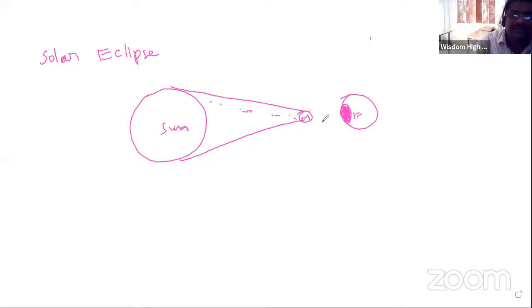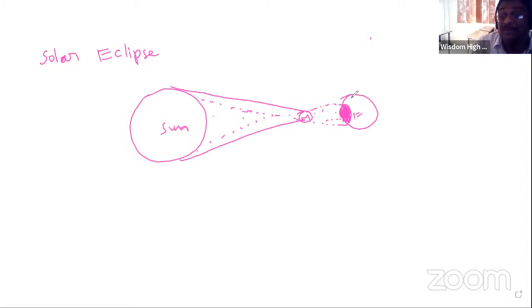You can see how the shadow of the moon is forming here. Children, concentrate here and understand. Listen to me. The people who are living in the region of the umbra of the moon, this is the umbra of the moon, its shadow formed on the surface of the earth, they can't see the sun.